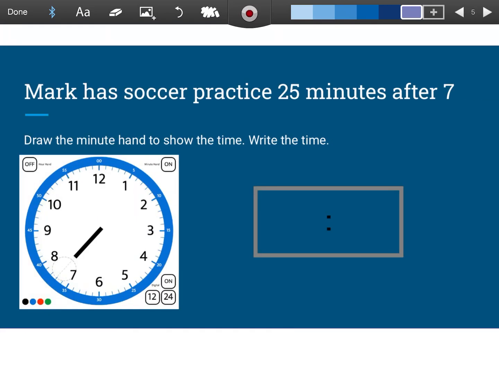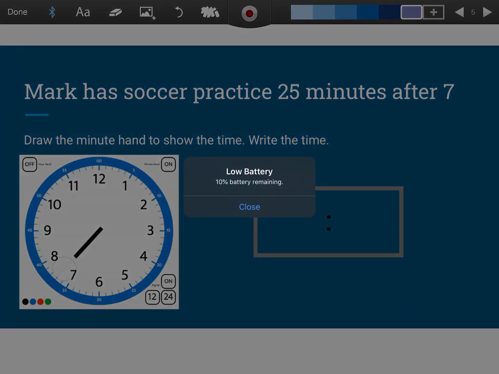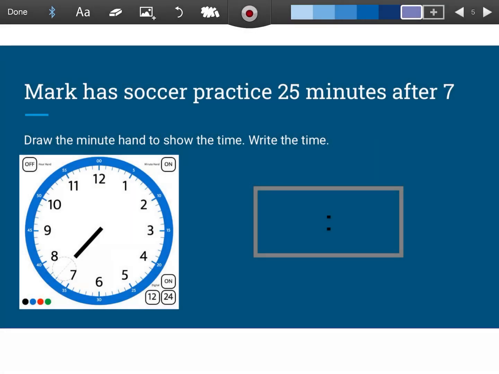This next one says Mark has soccer practice 25 minutes after 7. So if we think 25 minutes after 7, well, this one's easy for us because if this was 7 o'clock and we want to find 25 minutes after 7 o'clock, we'd say 5, 10, 15, 20, 25. So we would mark that minute hand to the 25.